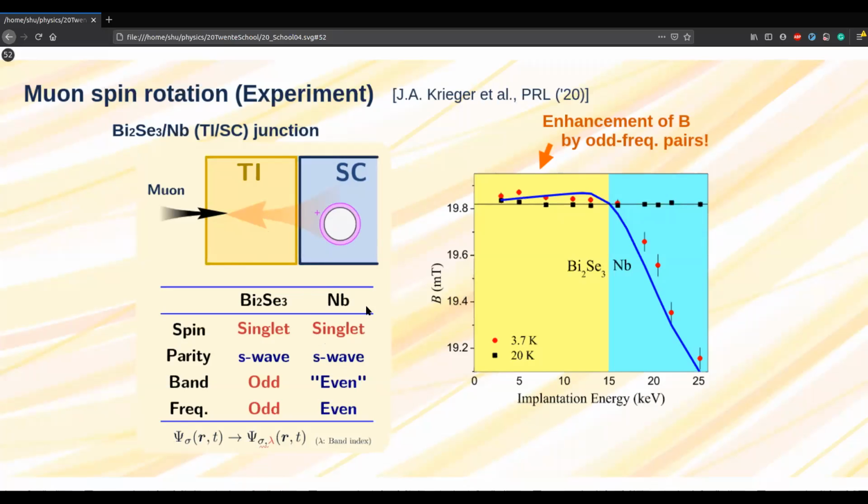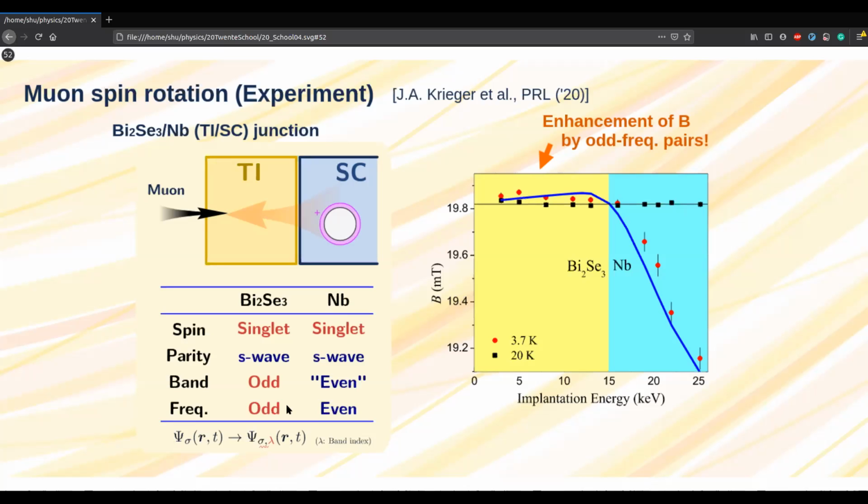In the superconductor, the Cooper pair is a spin-singlet, S-wave, even-frequency pair. However, in the bismuth selenide, we have to consider the band degree of freedom. So in this case, we can induce spin-singlet, S-wave, odd-orbital, and odd-frequency Cooper pairs.